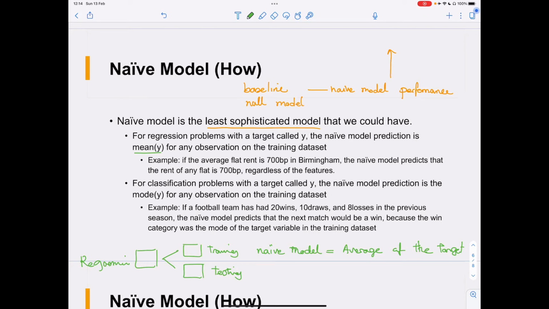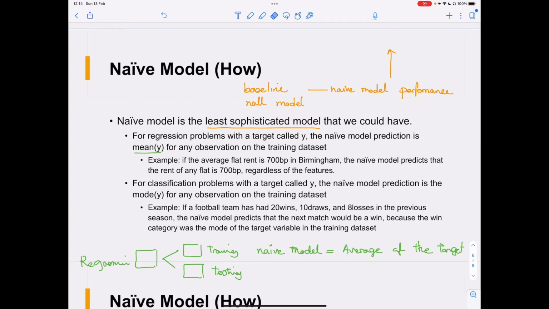So for instance, we want to predict the income of our students after graduation. We have a dataset of former students that have graduated and found a job. So the testing part would be for evaluation of our model.